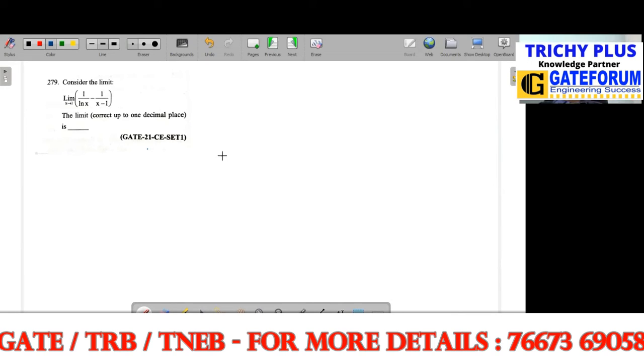You can try that one. 1 by ln x. So how can we proceed with this? You want to keep it as some variable. Any other way?